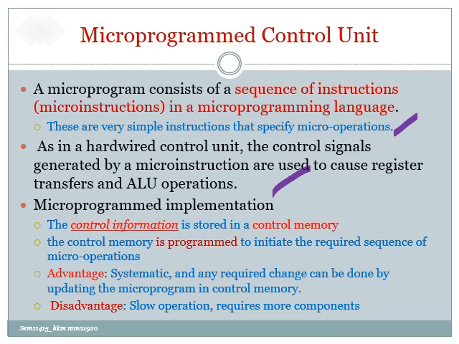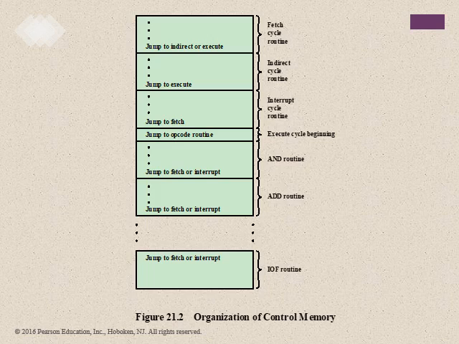Where are these micro instructions stored? It is in the control unit, but in a special place called control memory. Figure 21.2 shows how these control words or micro instructions could be arranged in a control memory. The micro instructions in each routine are to be executed sequentially.